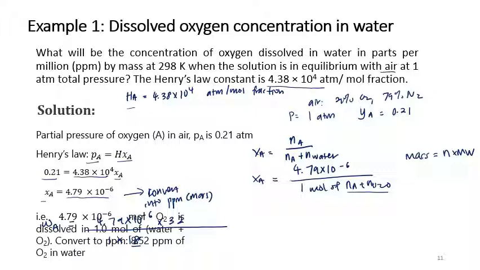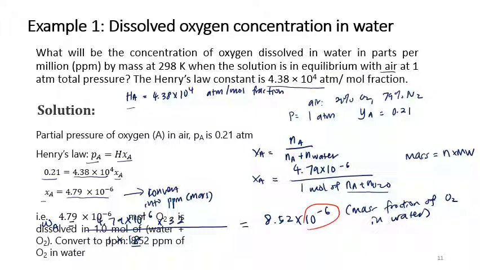But if you don't want to do that, you can also use 0.99999 something to represent the number of moles of water. If you do this, you shall get 8.52 times 10 to the minus 6 as the mass fraction of oxygen in water. This is already to the power of minus 6, so it's already parts per million.